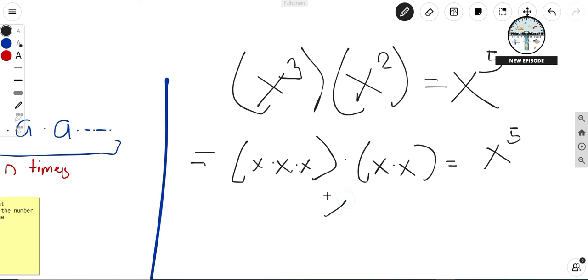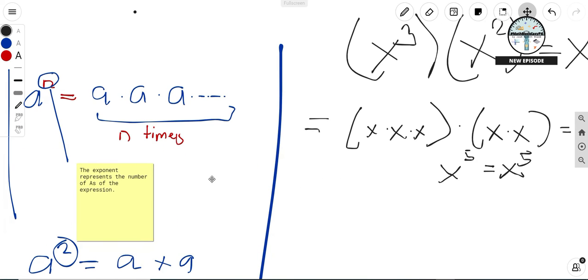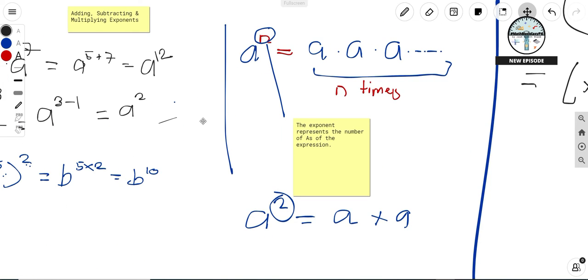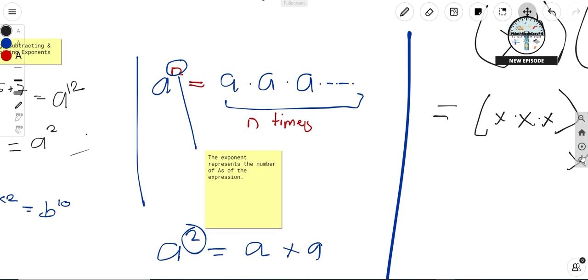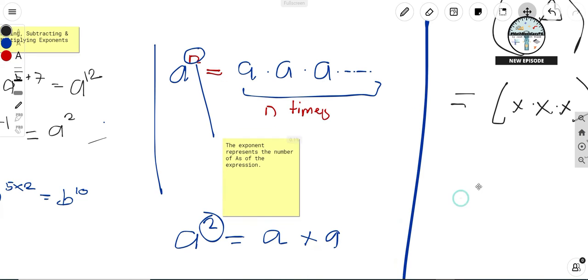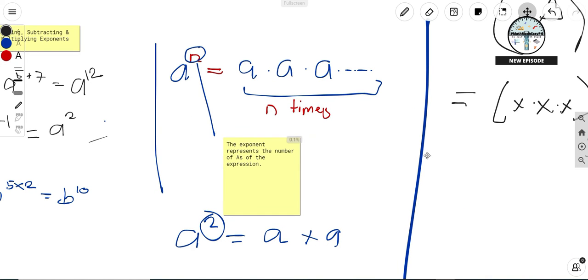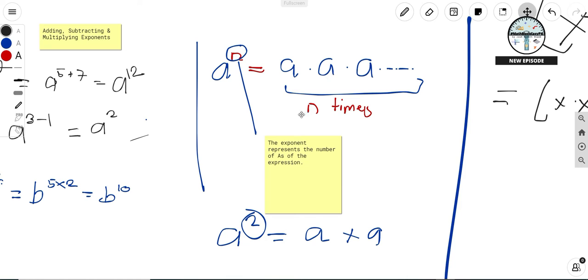So that's why it is equal to x raised to 5. That is the principle behind this one. If you encounter things like this, the core principle behind these laws is this one.